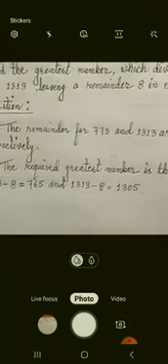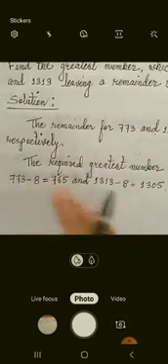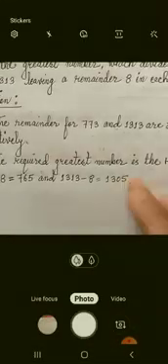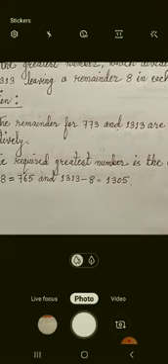After subtracting 8 from both numbers, we found 765 and 1305.